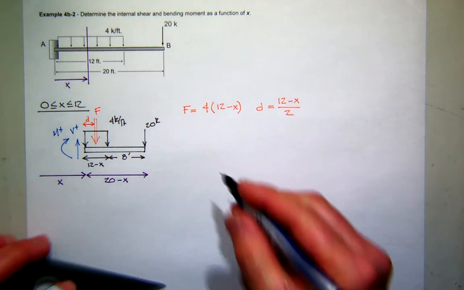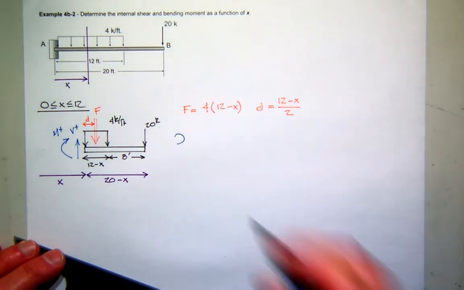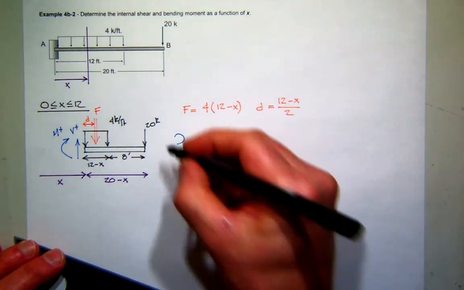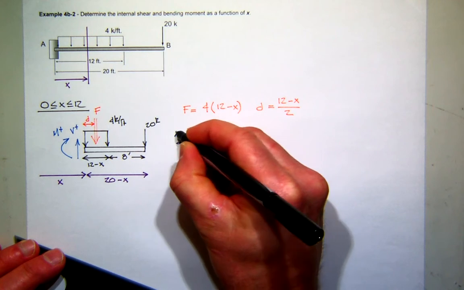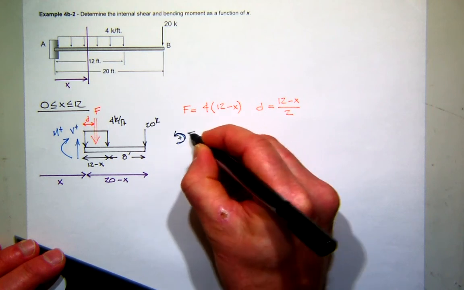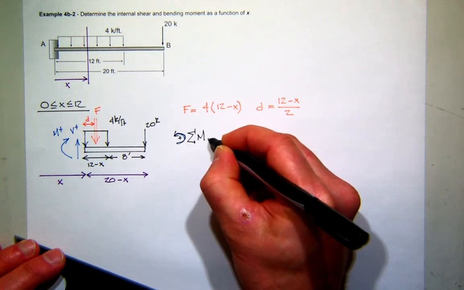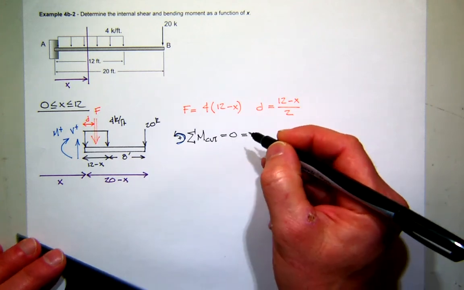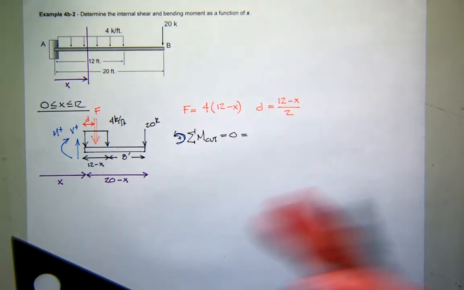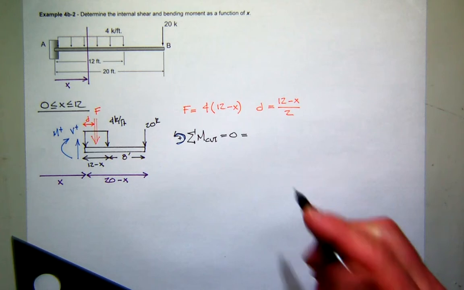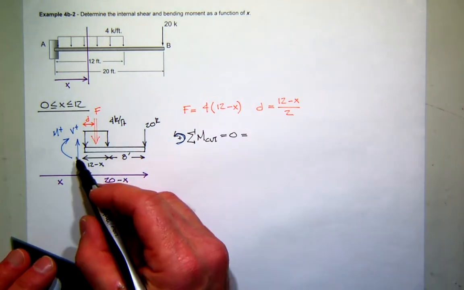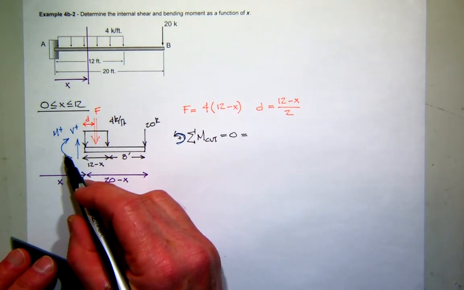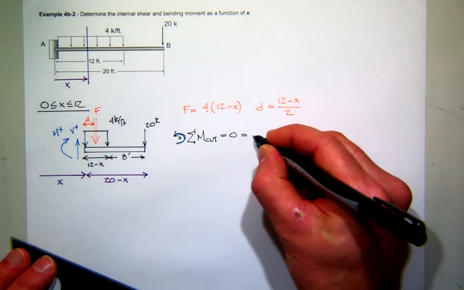So let's see what we get. So let's sum moments about the cut. And I advise you just kind of leave things like they are. You don't necessarily have to feel the need to expand your polynomials. You might just want to leave them in the factors. So starting here, I've got the moment, which according to my sign convention is negative.